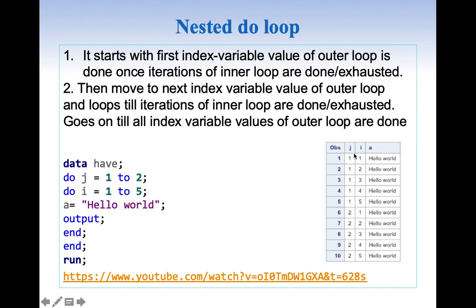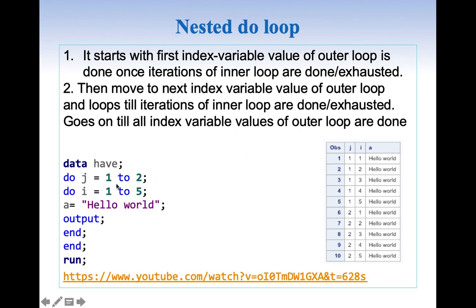Once the data set is proc printed, we can understand it even better. When the outer loop is in the first iteration, it runs for 1, 2, 3, 4, 5, all the iterations of the inner loop.